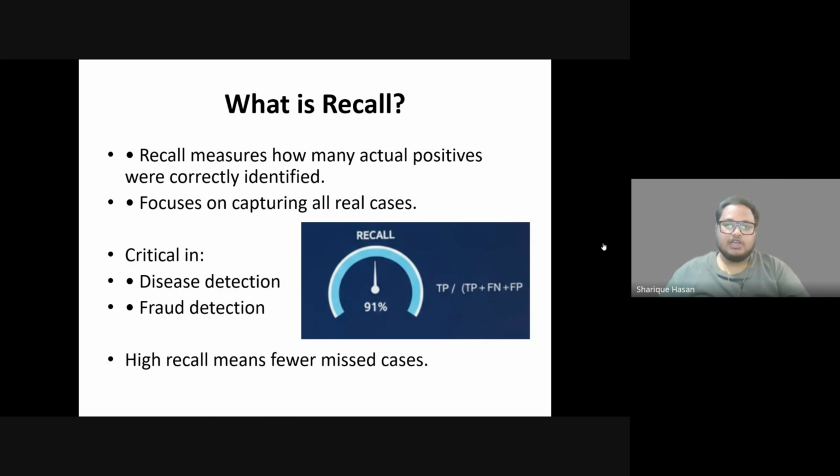Now we have the recall value. Recall measures how many actual positives were correctly identified. What does it mean?